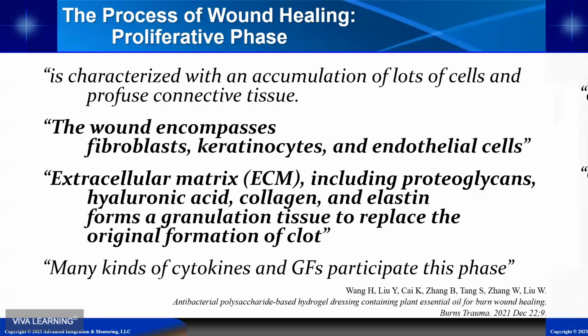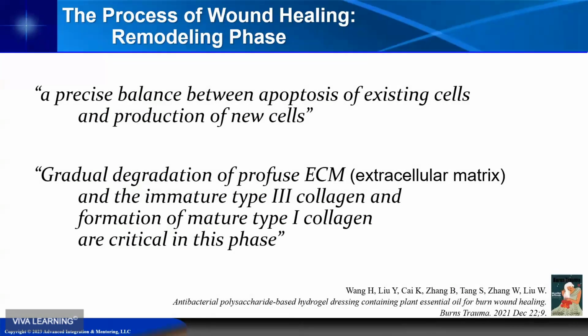And then during the remodeling phase, we're trying to take our immature collagen that is part of the granulation tissue and develop it into mature type 1 collagen and get the outcomes that we're looking for. And again, having the balance between the apoptosis and the production of new cells is keeping this in the appropriate balance of having things turn over and regenerate in an appropriate manner.